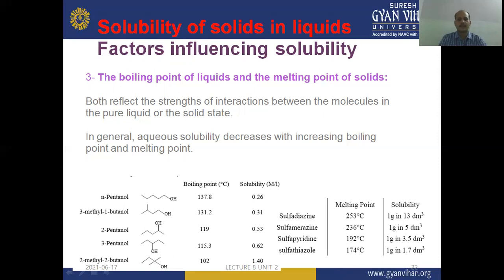So when we compare the solubility values with the boiling point of a particular compound, we can understand this concept easily. Similarly, in solid compounds like sulfadiazine, where the melting point is 253 degrees centigrade, solubility is given as 1 gram in 13 decimeter cube. And in sulfathiazole, where the melting point is 174 degrees centigrade, the solubility is 1 gram in 1.7 decimeter cube.